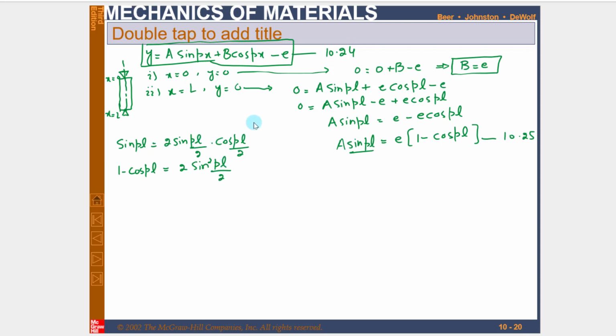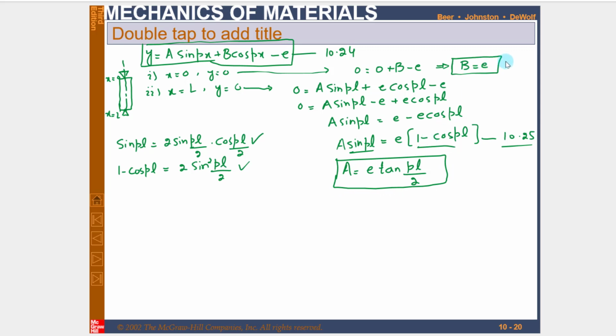Now you have this value as well and this value as well. You can put these in equation 10.25. When you put it, you will get a is equal to e tangent of pL over 2. This is the value of a.